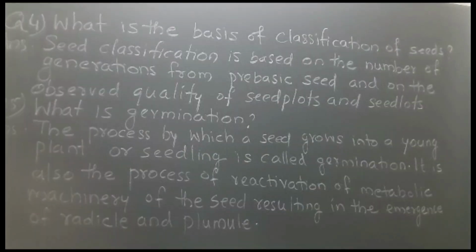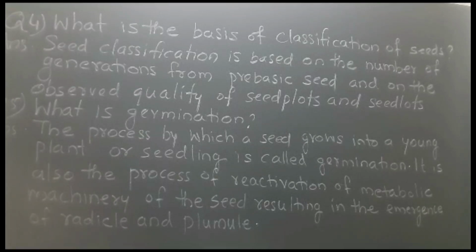Question number 4. What is the basis of classification of seeds? Answer. Seed classification is based on the number of generations from pre-basic seed and on the observed quality of seed plots and seed lots. Question number 5.